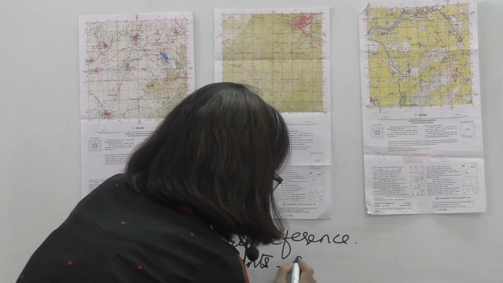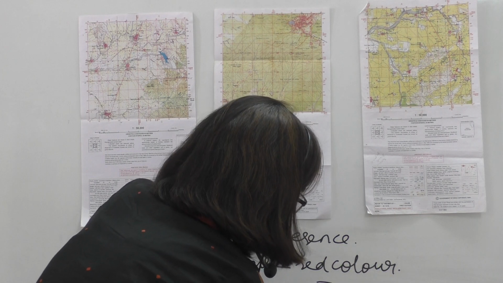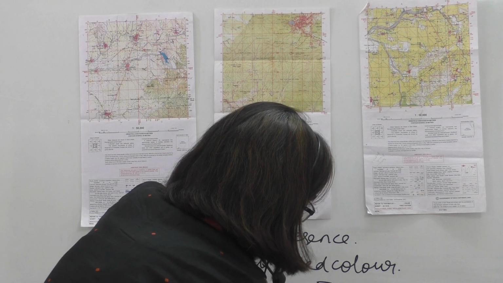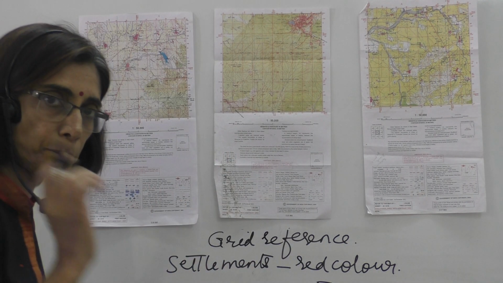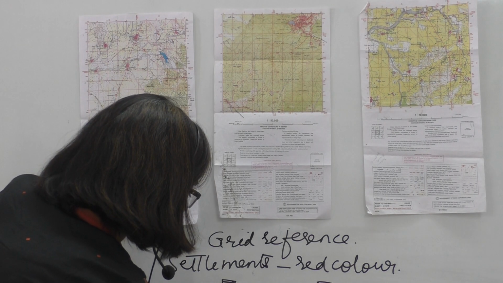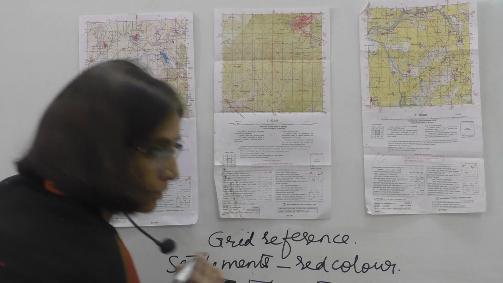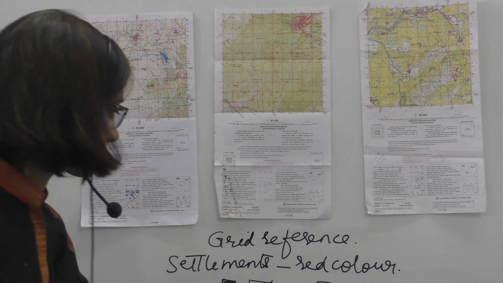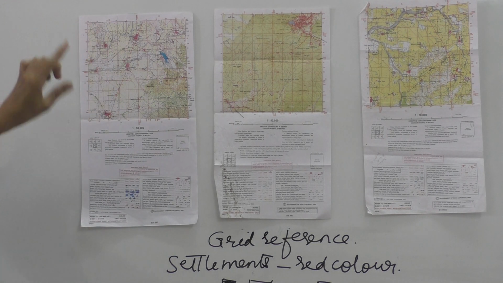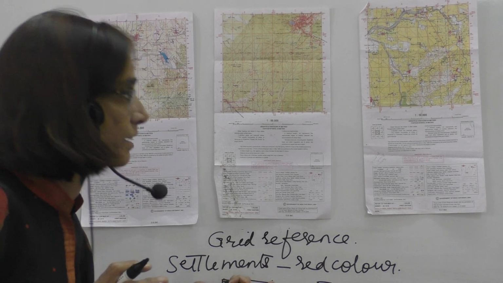Settlements are shown in red color, like boxes. If it is a permanent one, then it is completely filled, and if it is not permanent, it is vacant, I mean the color is not filled inside.